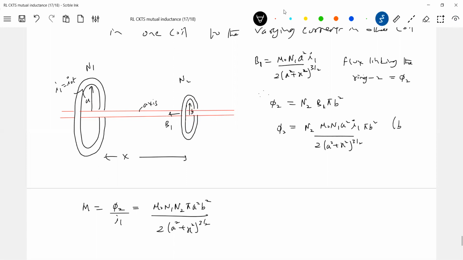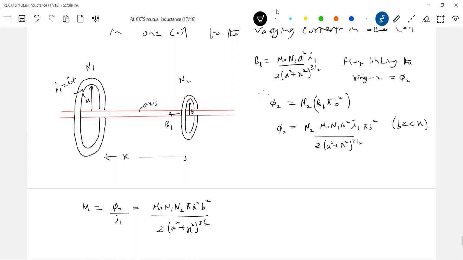We made a condition that b will be very much less than x. So what you calculate for B bar at the center of ring 2 will be the same at all points. That is the one assumption we made, so I'm introducing that condition. Otherwise, it is not possible. B bar at the center of the ring is what we calculated as B1, and at other points the B bar would be different. If I put the condition b very much less than x, then the value of B bar at the center of ring 2 will be the same everywhere, B1. Therefore, I'm able to write this equation.